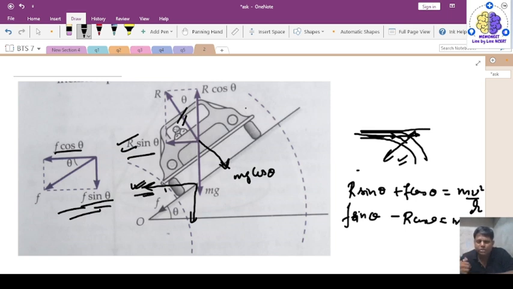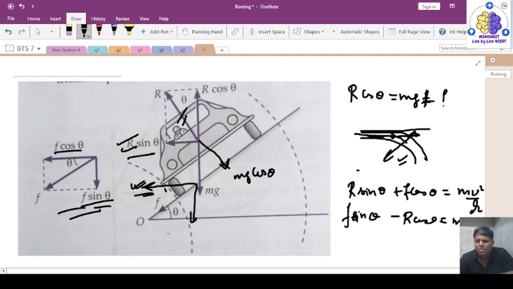So the net force is equal to 0. We can say that the vertically upward force is equal to the vertically downward force, that is R cos theta is equal to mg plus F sin theta.